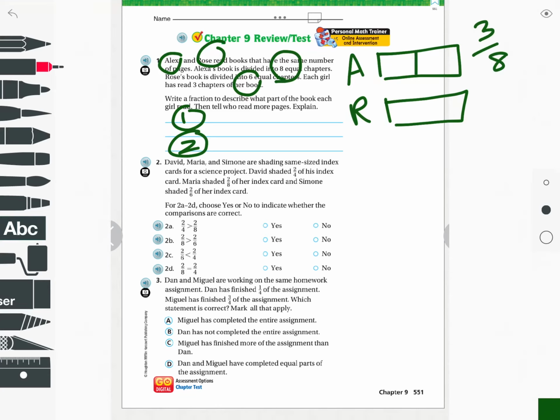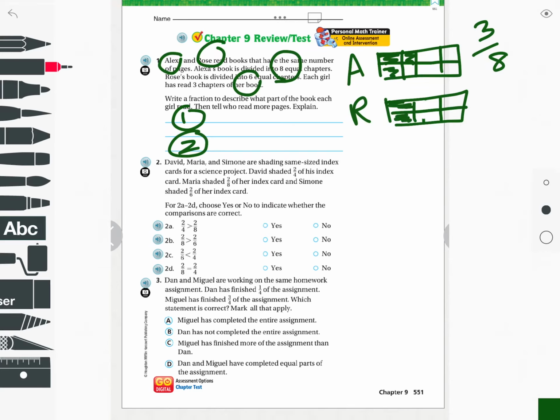So I'm going to divide my whole into 8s, and I'm going to shade in 3/8. Okay. Rose, she read 3/6. So I'm going to divide this into, oops, I made a mistake already. I'm going to divide her whole into 6. So we'll make 3 equal parts, divide it in half. I have 6. And I'm going to color in 3 of the 6.